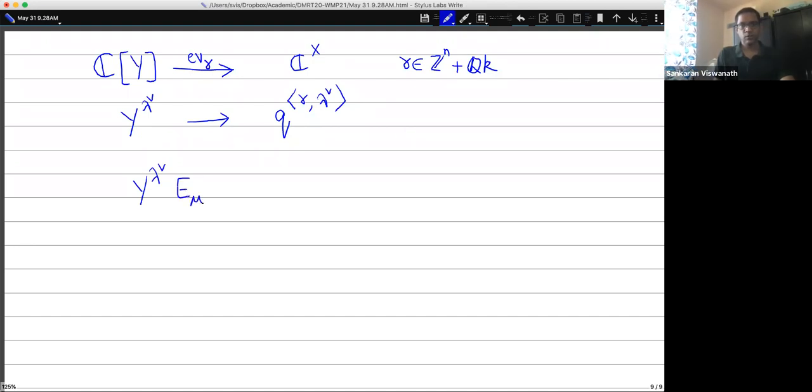So E mu is nothing but the evaluation at that particular element, k v mu inverse rho minus mu, of lambda check, if you wish, or y to the lambda check. So you can of course figure out similarly for more general elements what the evaluation will look like.